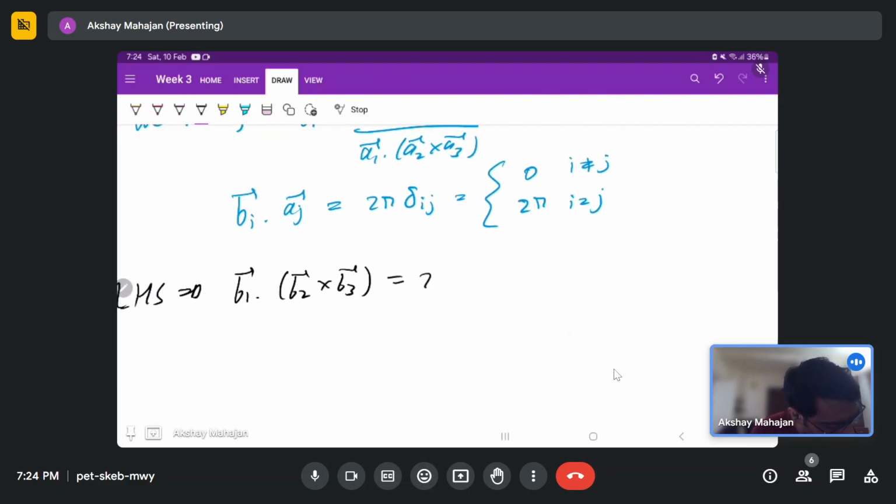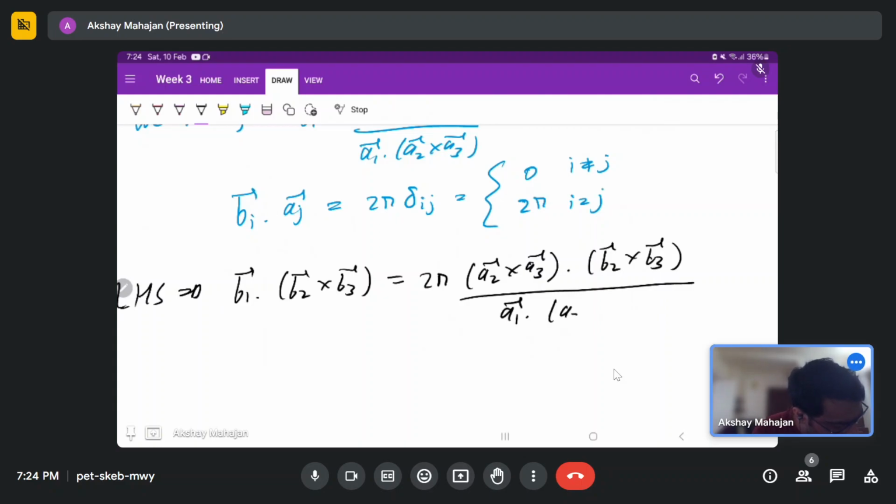So I will write 2 pi times e2 vector cross e3 vector dot b2 vector cross b3 vector, divided by e1 vector dot e2 vector cross e3 vector.